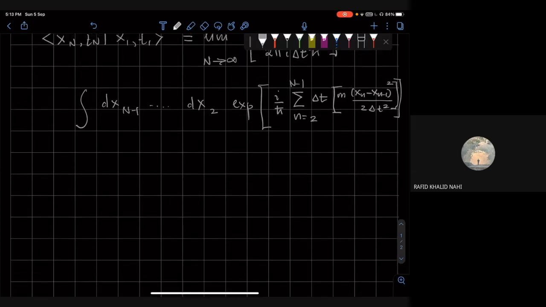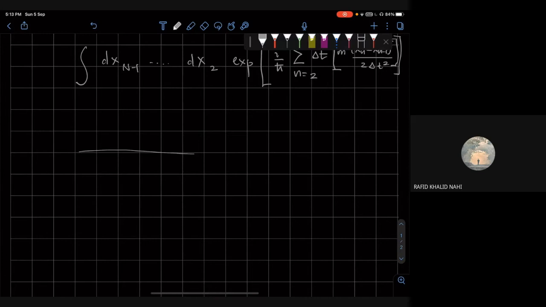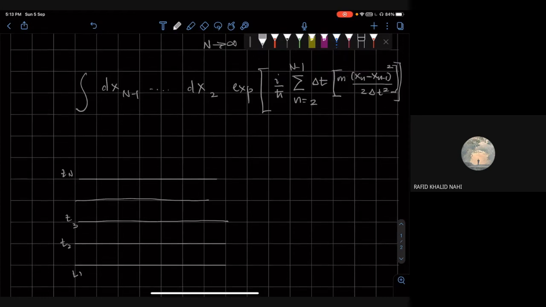We took the path, the time, we started at t equals 1 and we ended at tn. So this was t2, and this was t3.